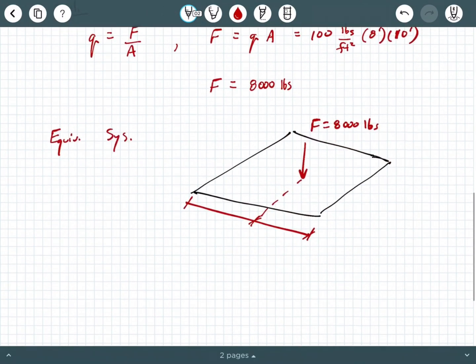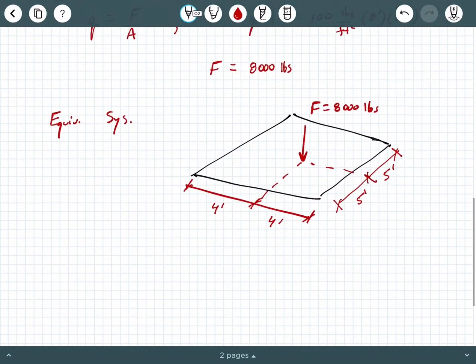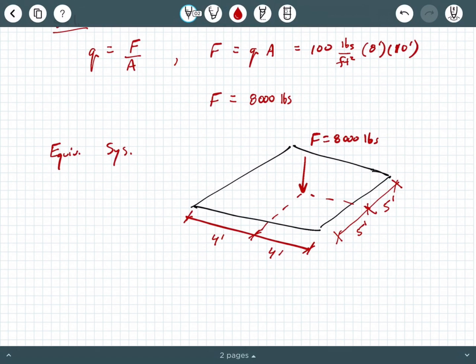This is not drawn to scale very nicely, but this is 4 feet and 4 feet. And then in this direction, it's located at 5 feet and 5 feet. Yep. And that would be the equivalent system due to that uniform distributed surface area load.